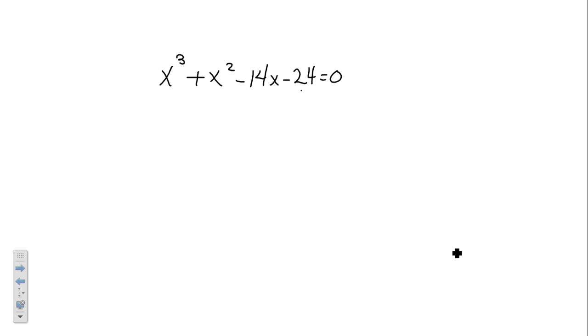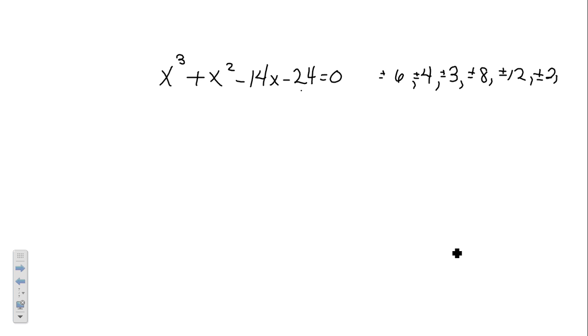Now we have to use what we were just talking about way back when, at the start. What are factors of 24? 6 and 4. What else? 3 and 8. What else? 12 and 2.